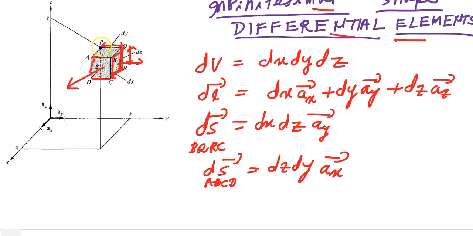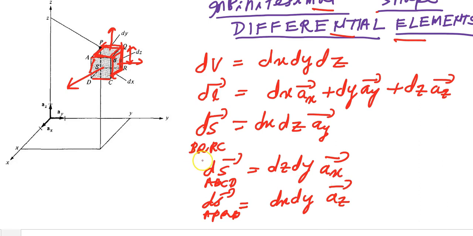Similarly, I want to calculate the surface vector for the top surface, P, Q, B. So I can write dx dy, and the unit vector normal to the surface, outward to the surface, is az.